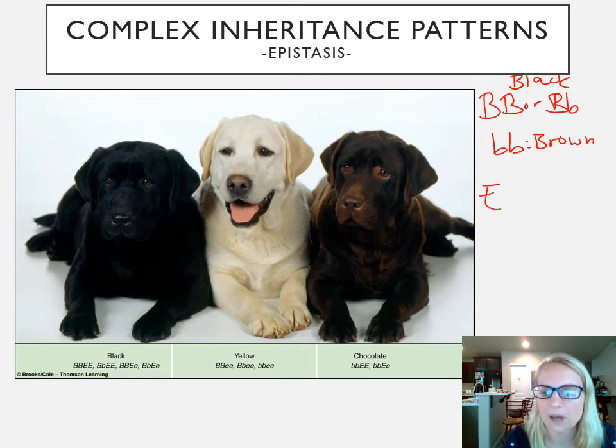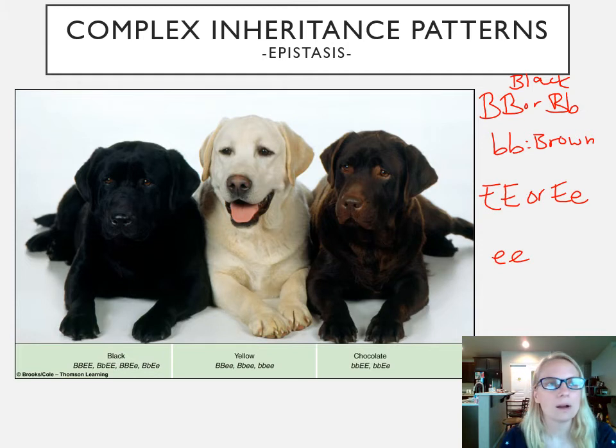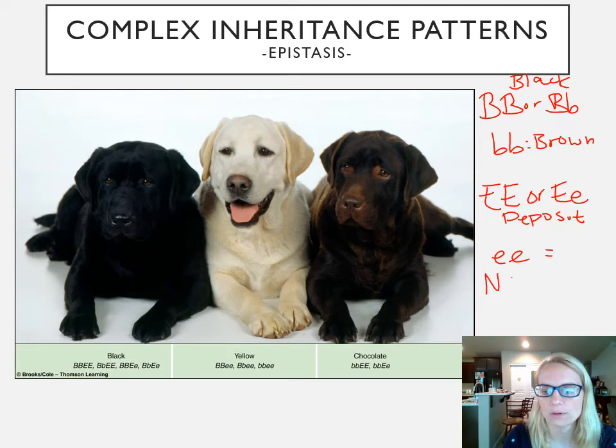Well, we have this other gene. So this E gene allows for deposition of color, and this codes for no color, no matter what the color gene is.